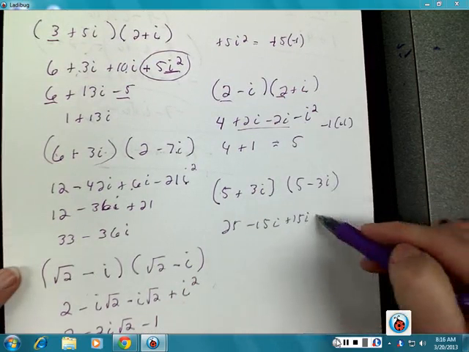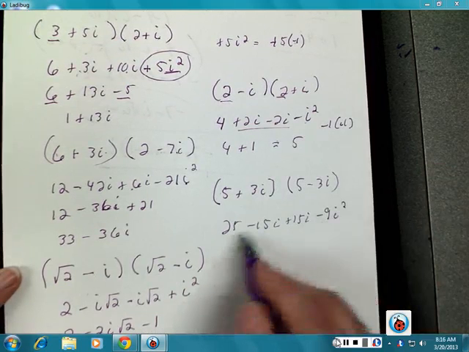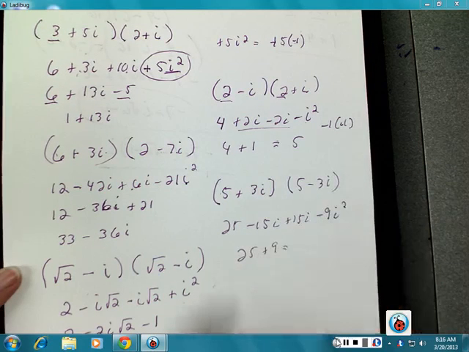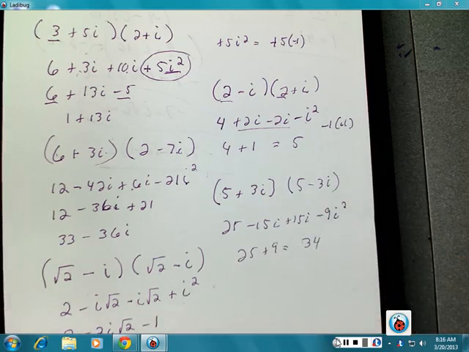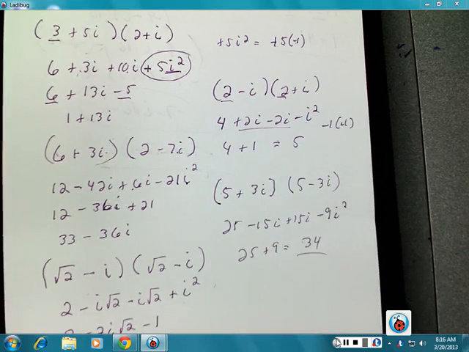And then finally I'm left with a negative 9i squared. And so really I have 25 plus 9, and if I add those together I get 34. And so it came out to be a straight number with no imaginary things in it at all, which is nice when that happens, because they all disappear at that point.